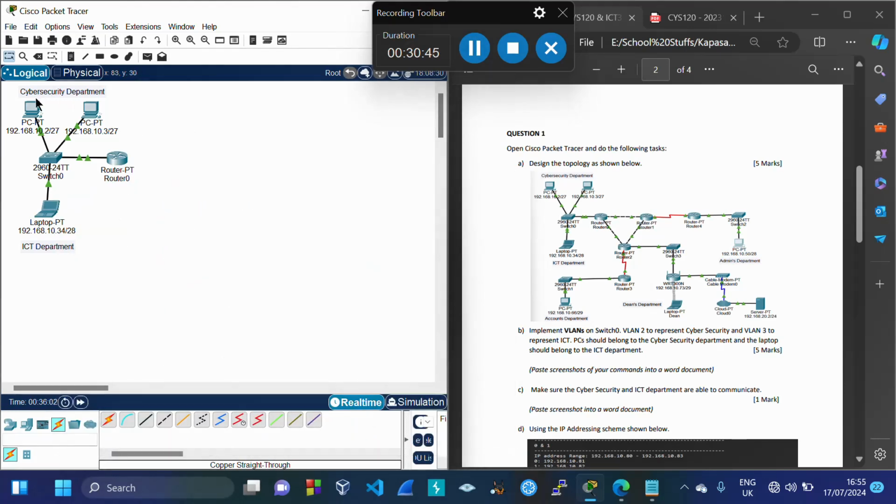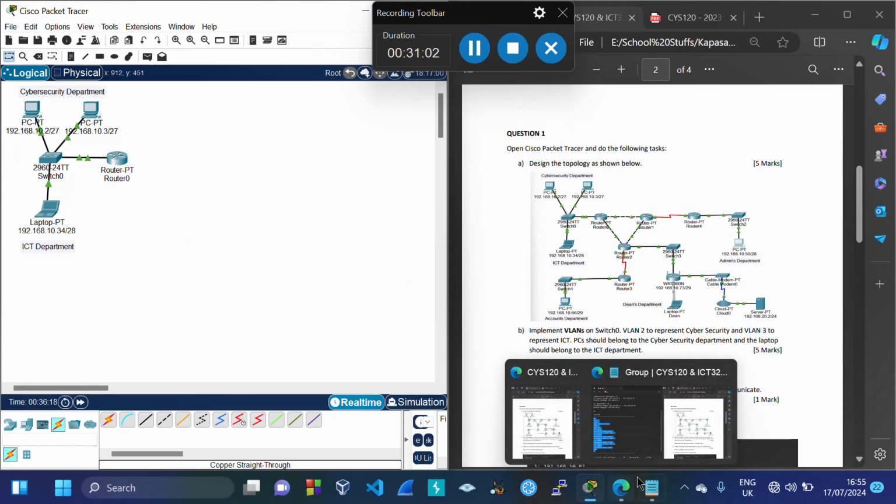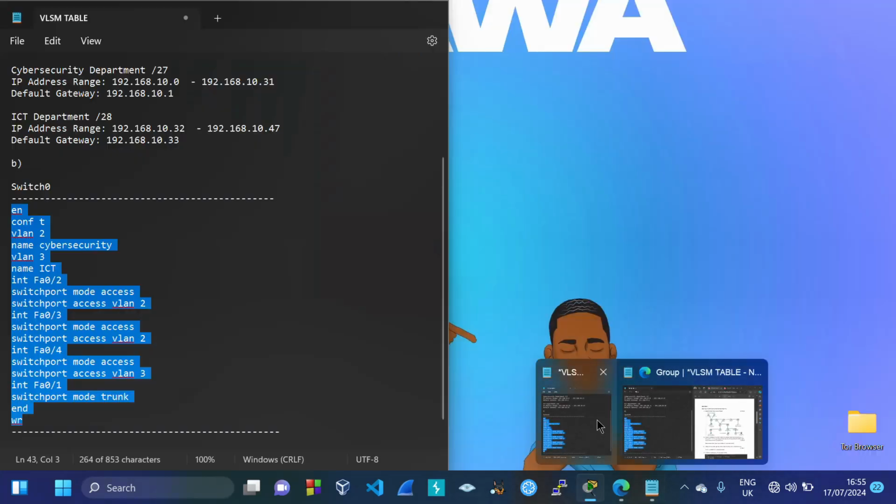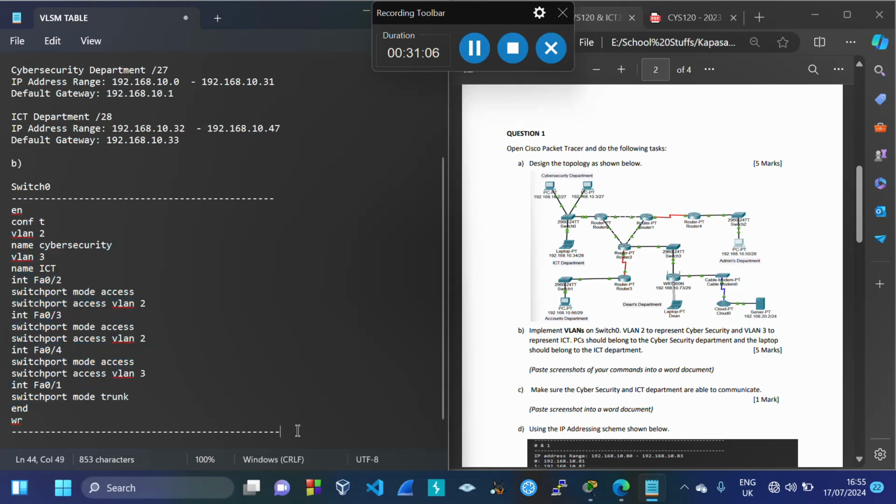So now, yes, we've created VLANs, but remember, this router needs to know the default gateways under the sub interface of the main interface, which was FA1/0, for these particular departments. So we will now target router 0 for our next commands.